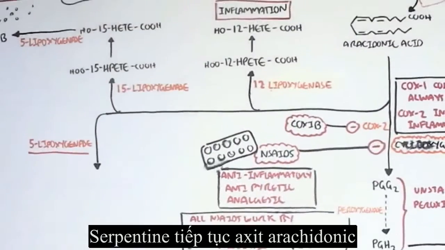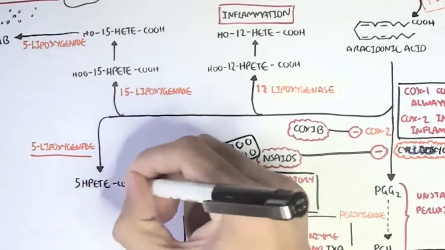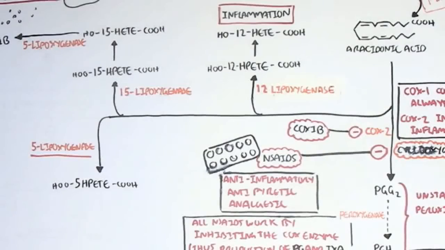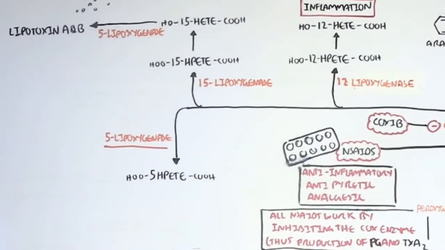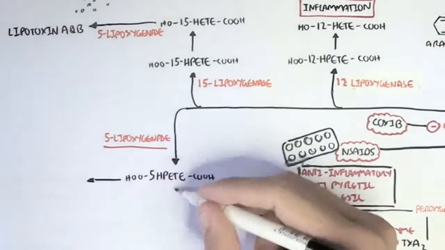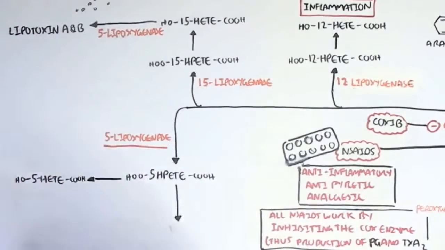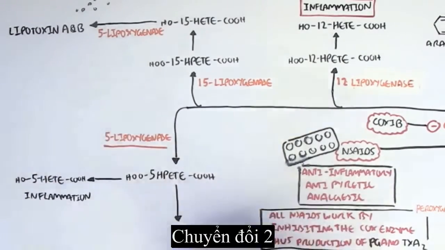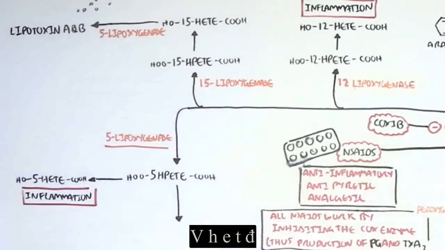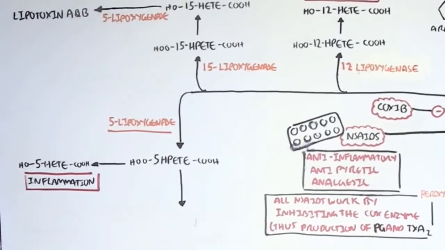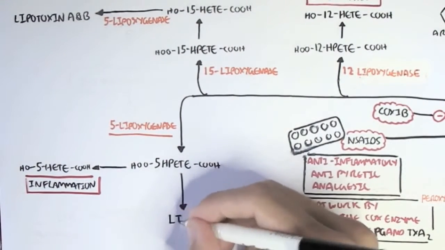So continuing on, arachidonic acid can also be converted straight away to 5-HPETE by the enzyme 5-lipoxygenase. 5-HPETE has two pathways. It can convert to 5-HETE and thus can have inflammatory effects.